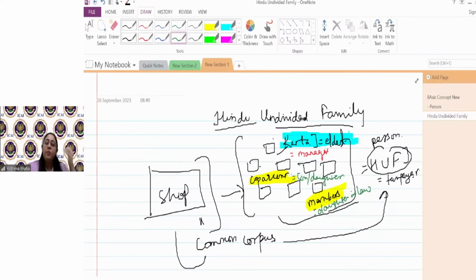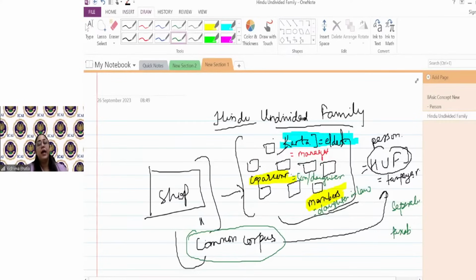And common purpose जो family का होता है, common capital जो family का होता है, उससे whatever income is earned is not an income of just one person, it is an income of the family itself. So family is a separate taxable entity, hence it is included as a separate taxable person in the Income Tax Act. Okay, so any income which is derived from the common corpus would be the income of the HUF.